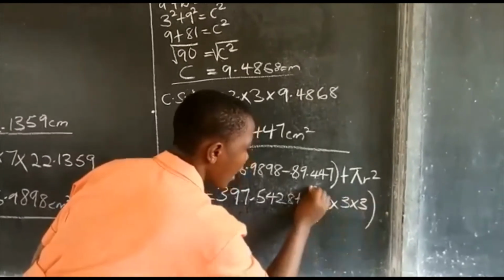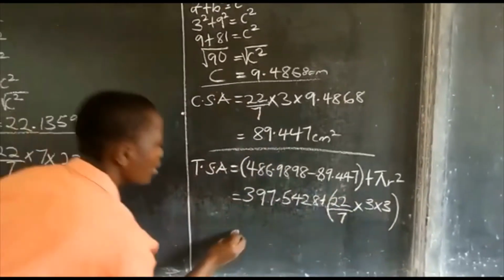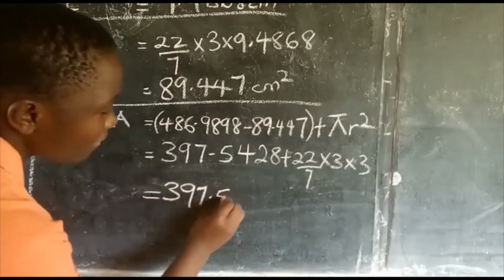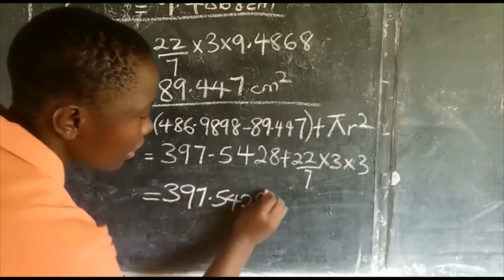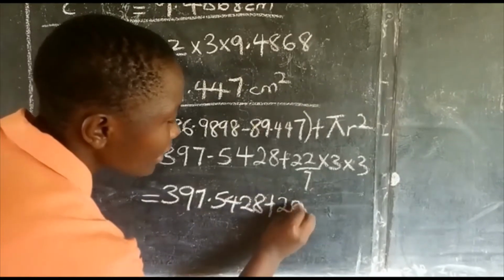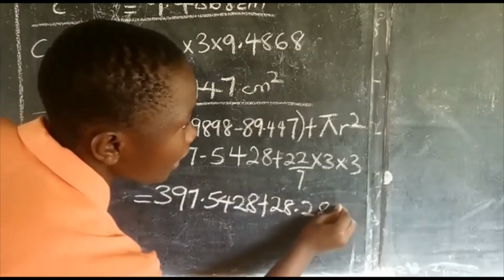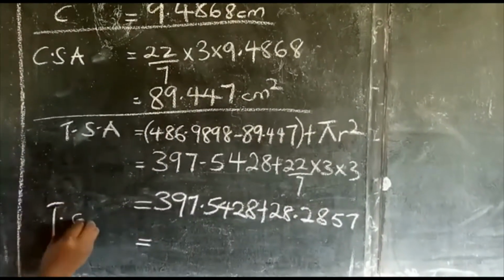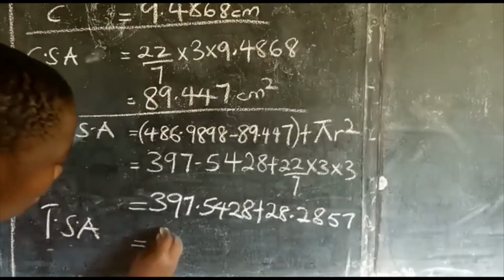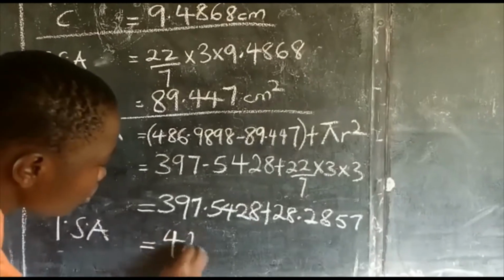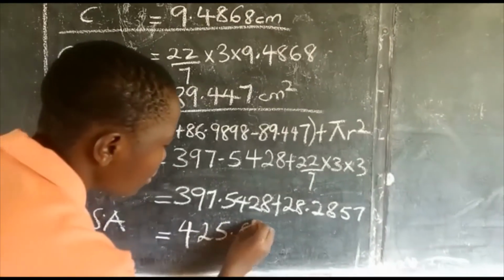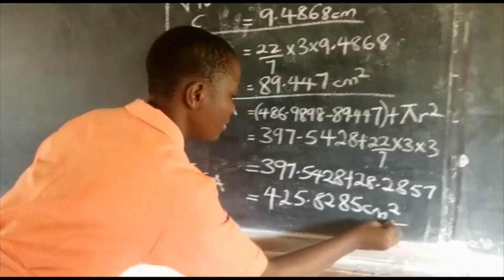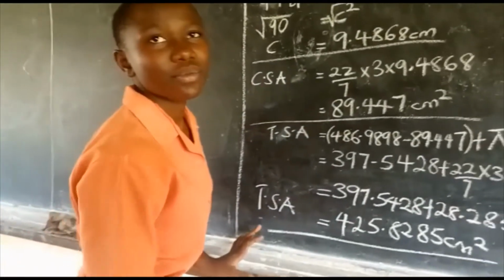This is our area for our small cone, which will be 397.5428 plus 28.2857, and our total surface area for the lampshade will be 425.8285 centimeters squared.